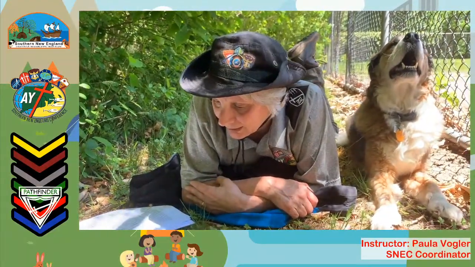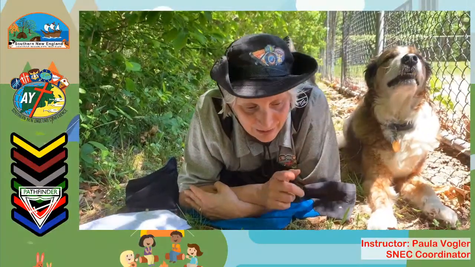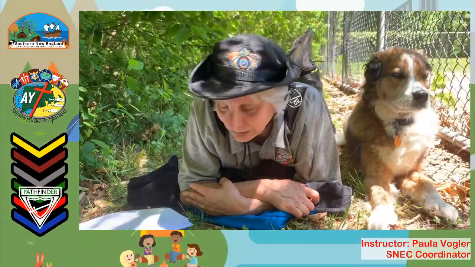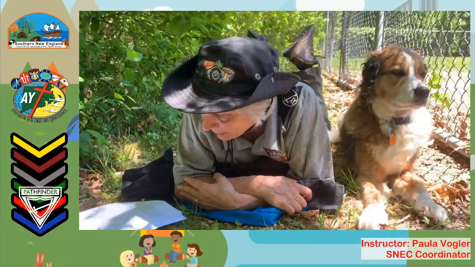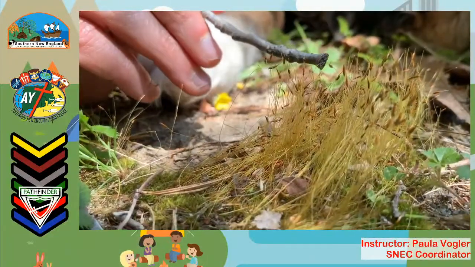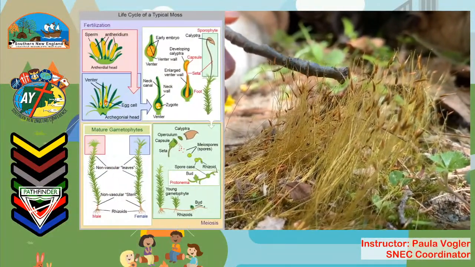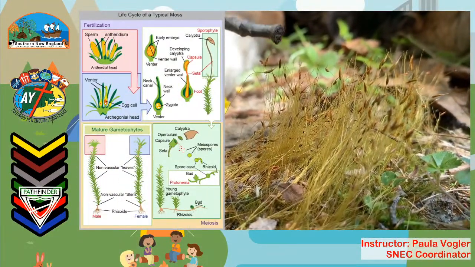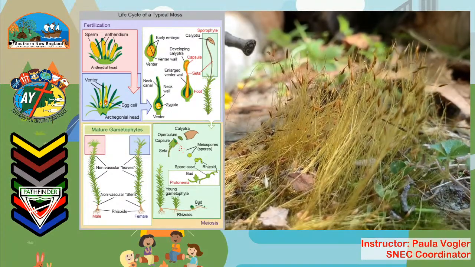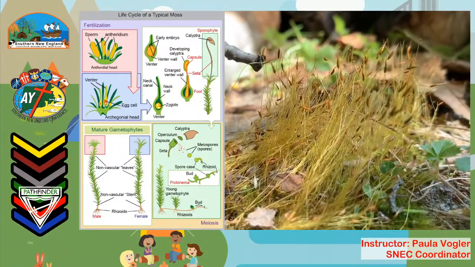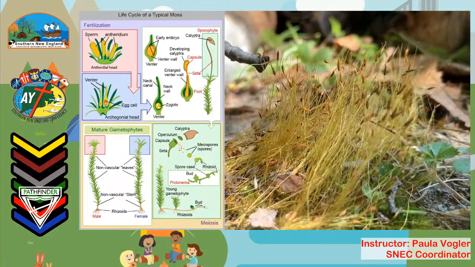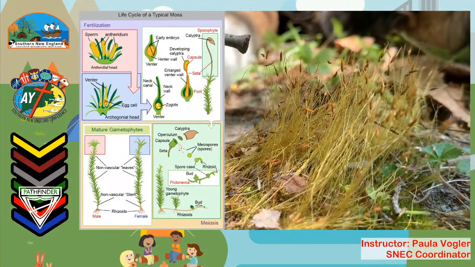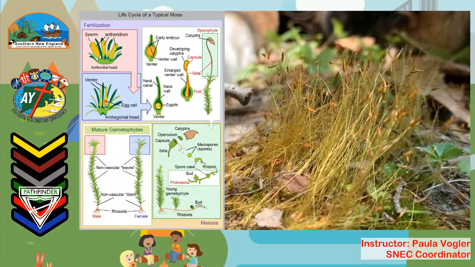And I'm laying on the ground because I found a cool example of what I wanted to talk about. If you look close, see these little dark things on these filaments? These are teeny tiny, and they have spores inside them, which means the spores are even teeny tinier. And this thing is called an operculum.